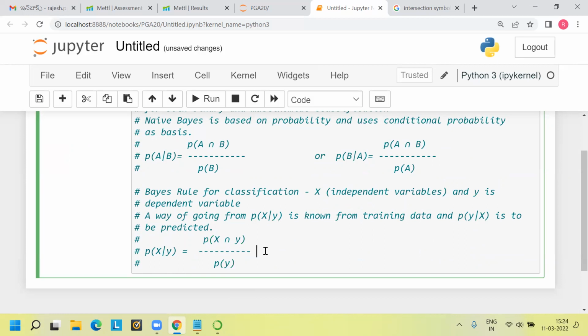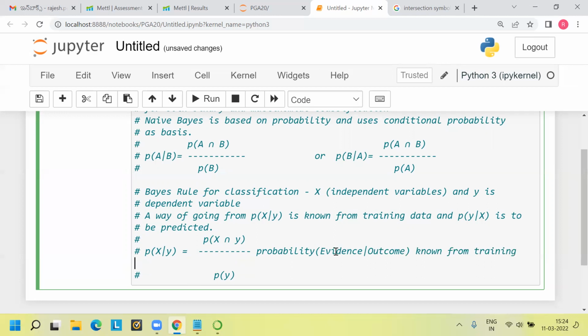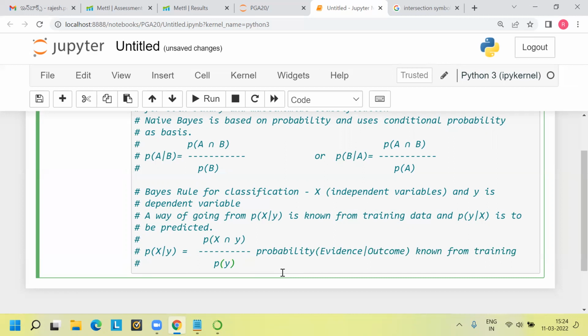This is probability of evidence given outcome, which is known from training data.